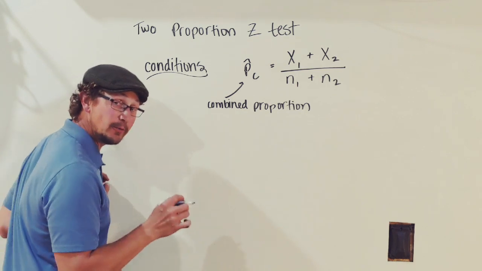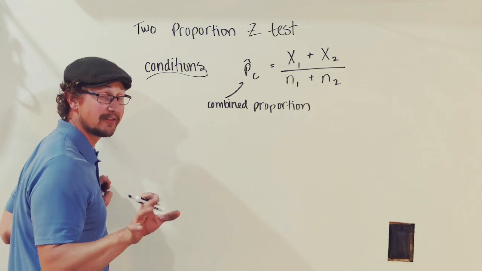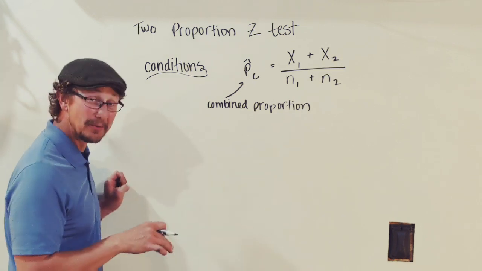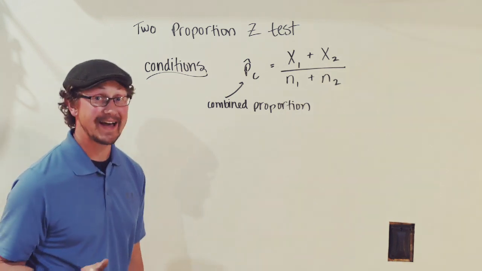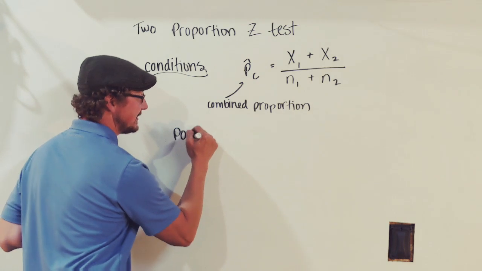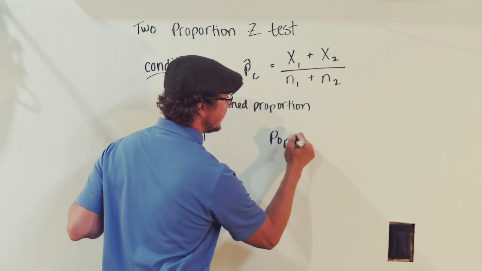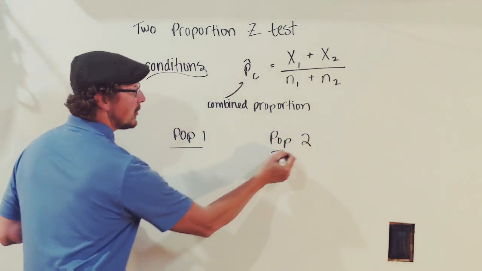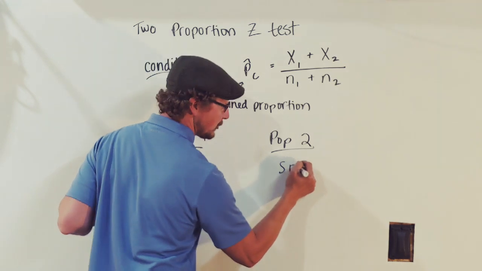So like we did with the two-sample z or t-test, we need to show that conditions are satisfied for both populations. So I'm going to delineate that by saying population 1 and population 2. We need to show that we satisfy simple random sample for both populations.